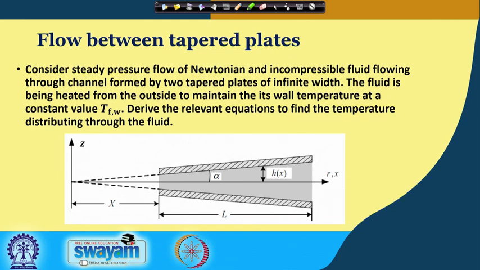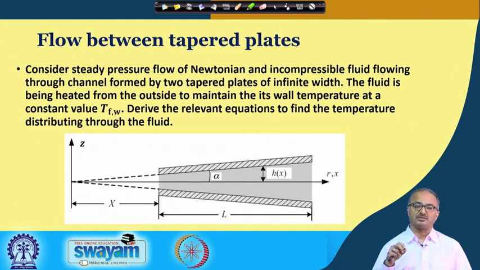Like for example, we may have a flow through two concentric circular plates through which some flow is going, and this kind of flow configuration in a similar fashion is used for constructing some heat exchangers or some mass exchangers, and there we get some kind of change in the heat transfer and mass transfer characteristics.